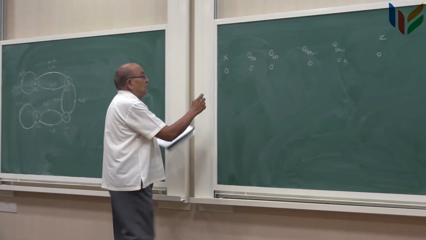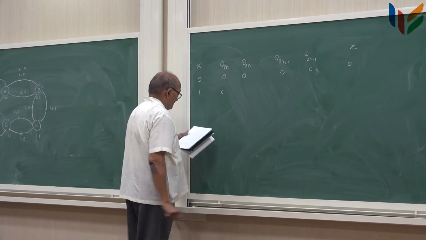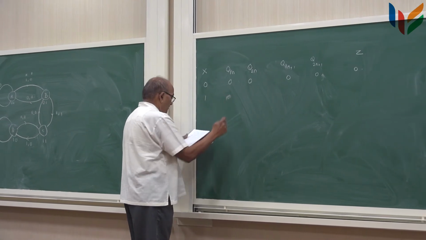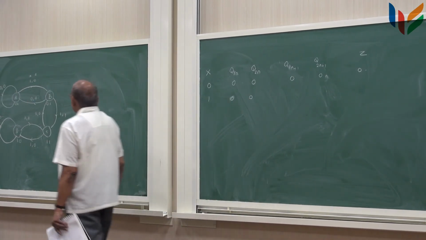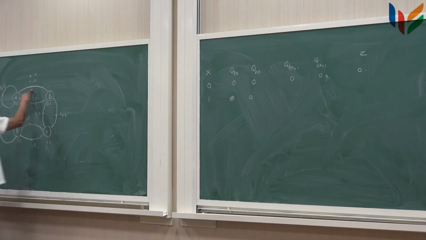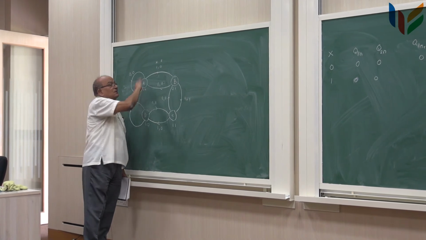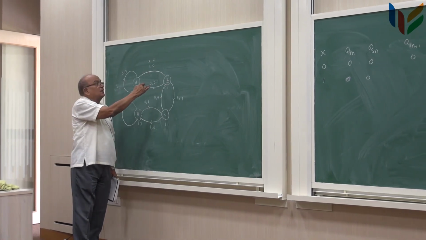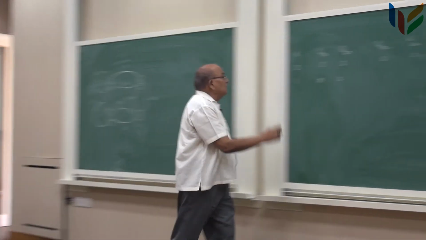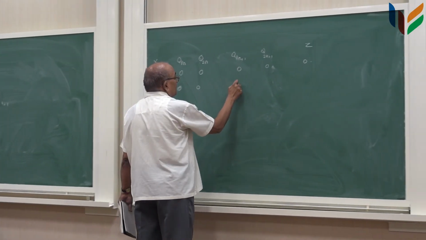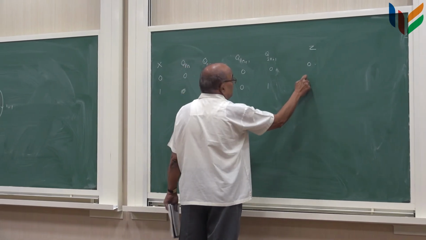Now, if the input is 1, and it is sitting in the 0 0 state, what happens? It will transit to state B and give an output 0. Transit to state B means 0 1, and gives an output again 0.